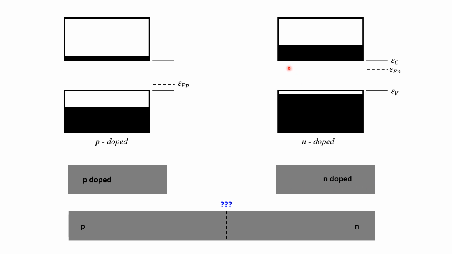These are the impurity atoms that donated an electron to the conduction band. If they donated an electron, they became positively charged. So we have an array of positive ions in the n-doped material, but the charge of these ions is covered by the free electrons that are moving around in the semiconductor. So these charges do not appear.